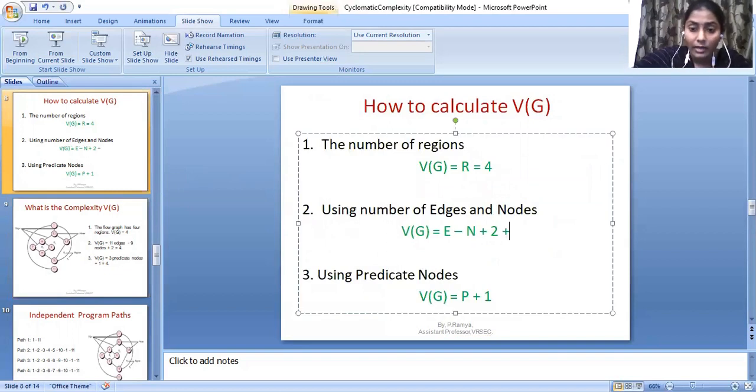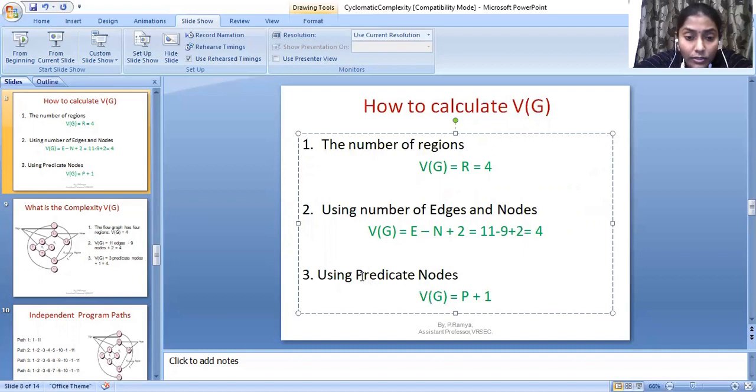So 11 edges minus 9 nodes plus 2, which is equal to 4 again. As I said, whichever way you follow, the complexity of the same code will be the same.